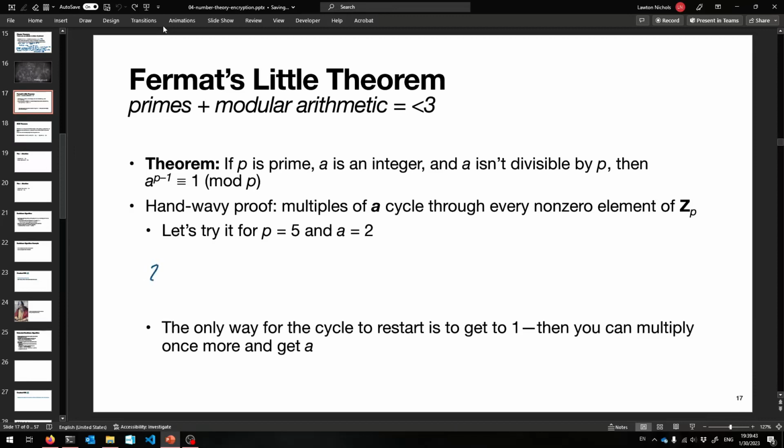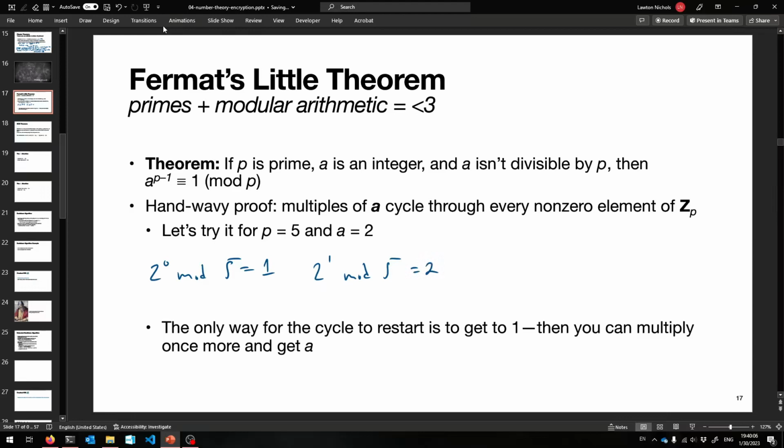So you do 2 to the 0, for example, mod 5, that's equal to 1. Okay, and then, 2 to the 1 mod 5. That is, of course, 2.